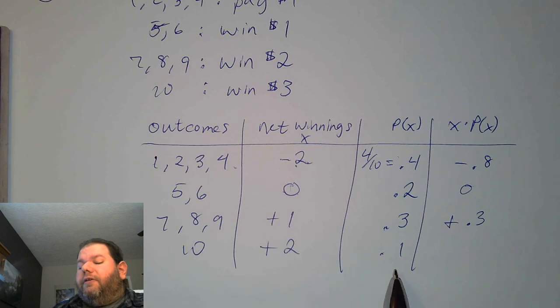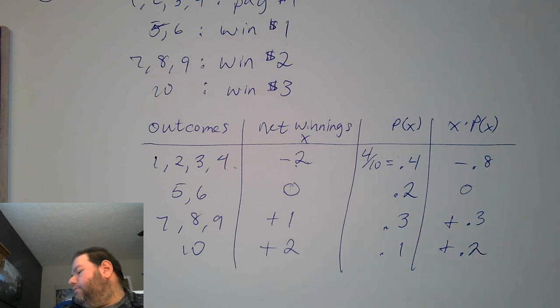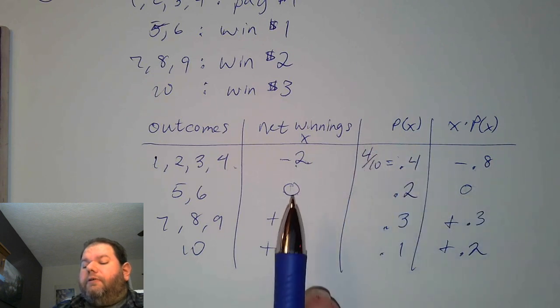And 2 times 0.1 is 0.2. So that's just multiplying across.